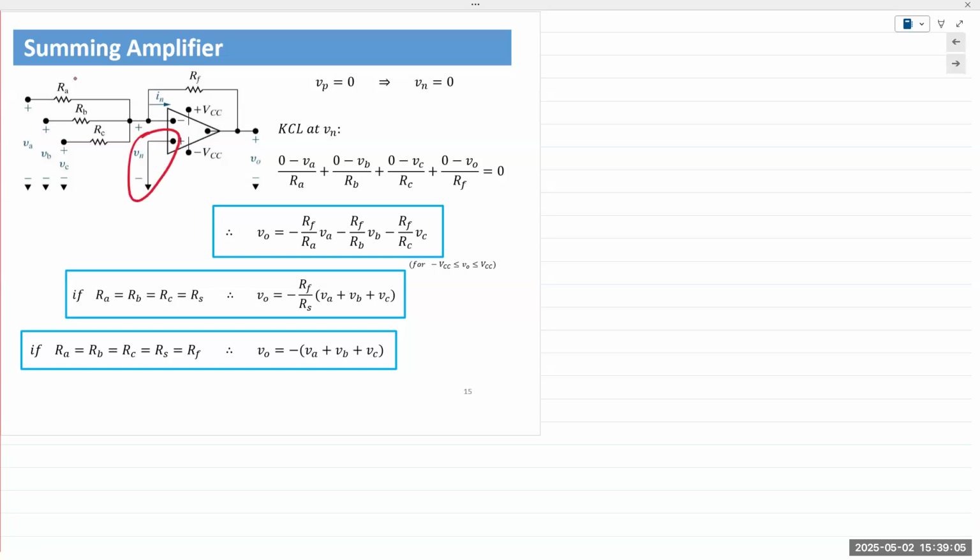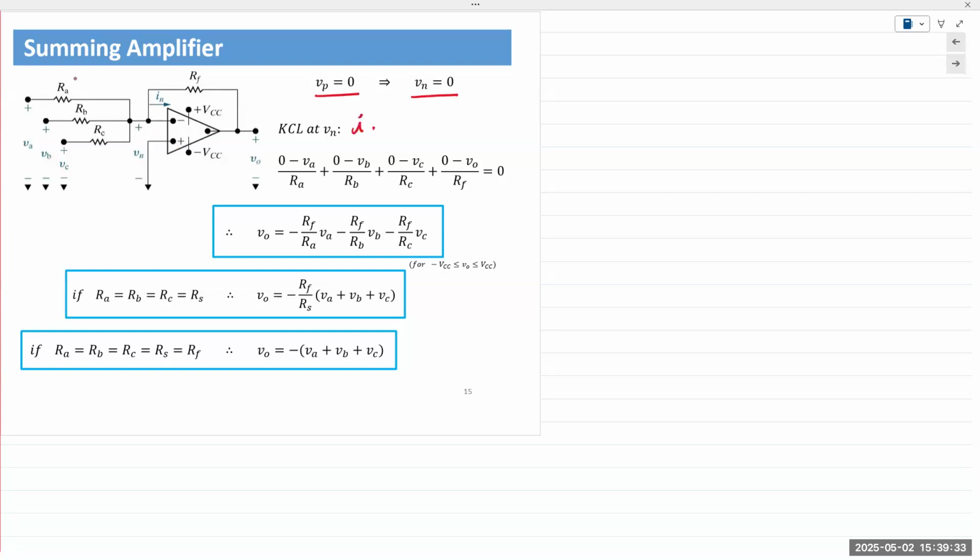So the analysis steps begin exactly the same way as the inverting amplifier. Since Vp is equal to 0, we can assume Vn is equal to 0. We can apply KCL at Vn, and we can write exactly the same equation that we had for the inverting amplifier.